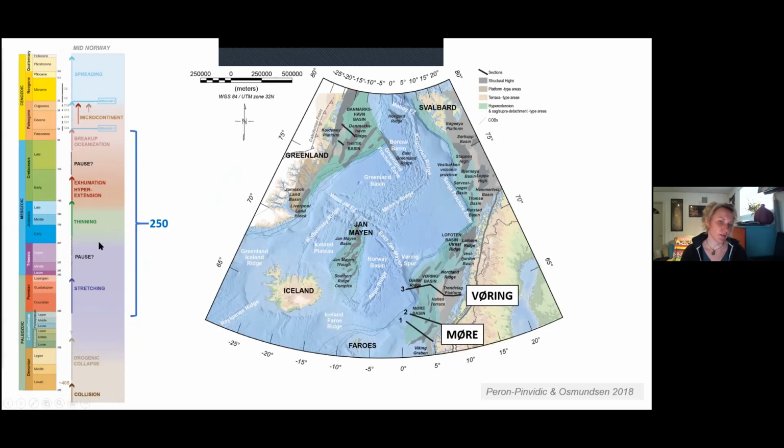It has distinct phases of deformation, but also some phases of tectonic pause that are also very important for the geometries. It spans something like 150 to 200 million years before we reach the breakup at Cenozoic time. So we have a lot of time to play with our parameters to influence the geometries and build that segmentation we have here.